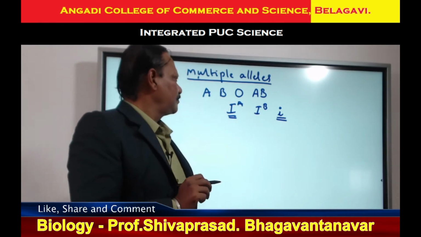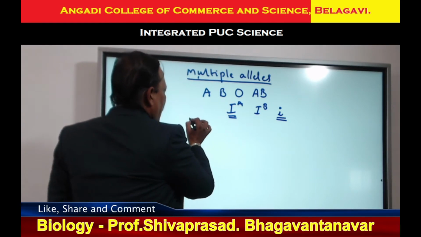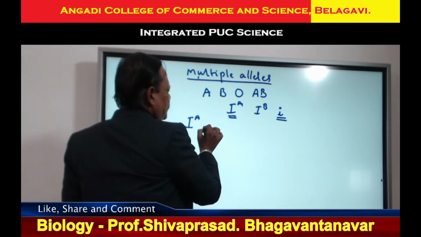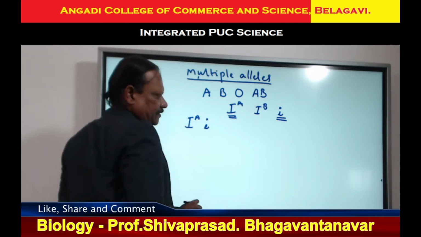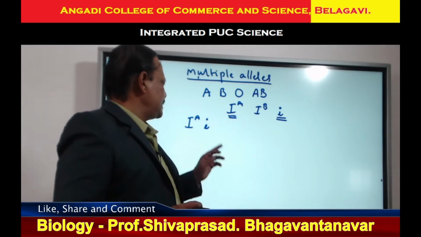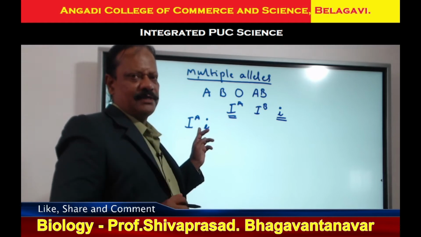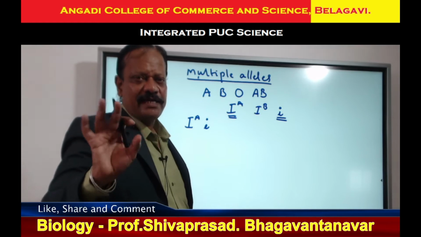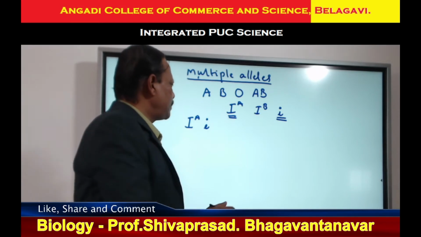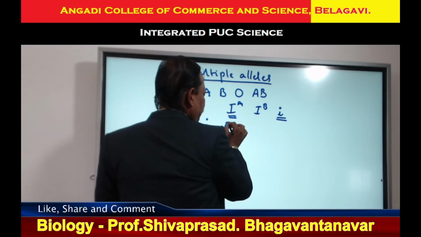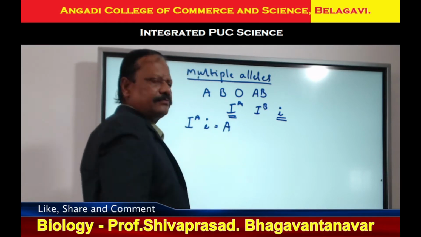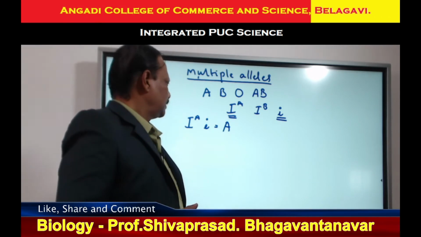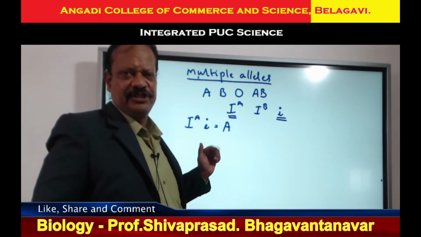Now here, if you are taking IA and small i, IA has a sugar polymer, small i does not have any sugar, so the blood group becomes A. This is the heterozygous condition.